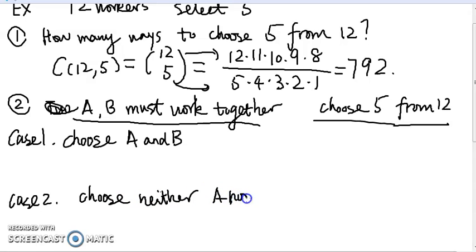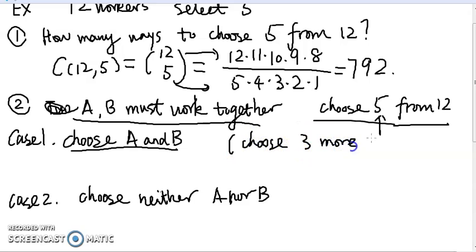Let's see how many ways for each case. When we do case 1, we want to choose A and B. That means we already have 2 people, and we need a total of 5 people. We already have 2, so we still need to choose 3 more people other than A and B. How many people do we have to choose from?